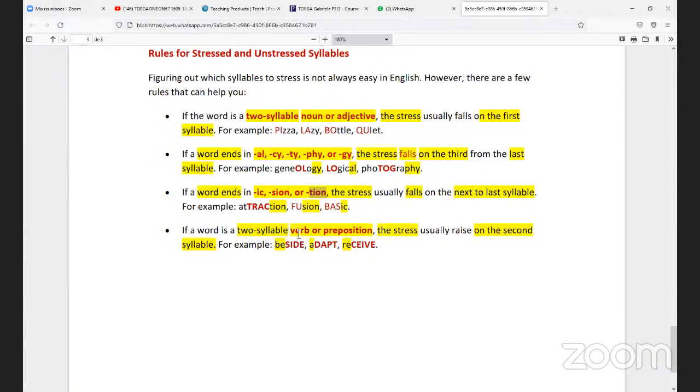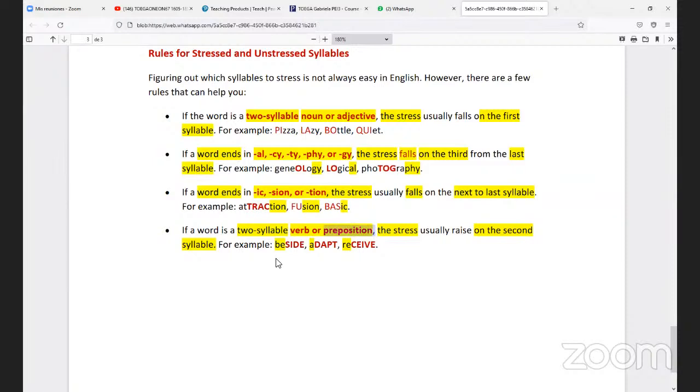But in this part, we have just the verb or preposition. What is going to happen? With verbs or prepositions, the stress usually rises on the second syllable. Always in the second syllable when we talk about verbs or prepositions.